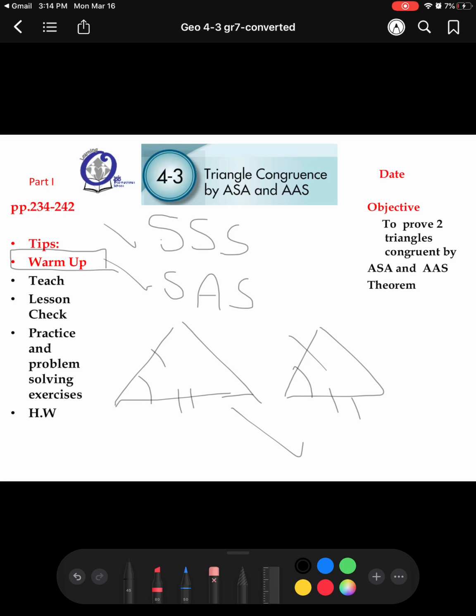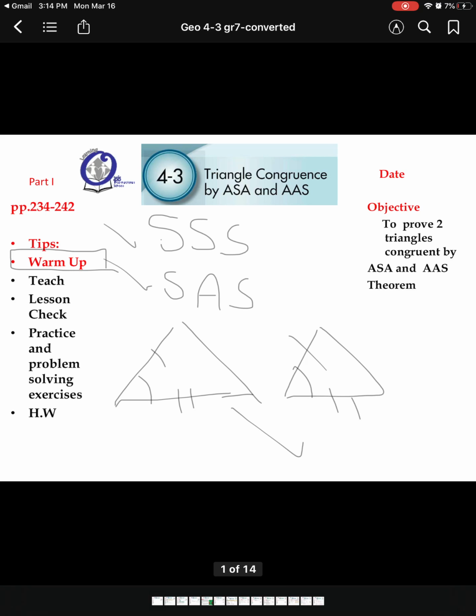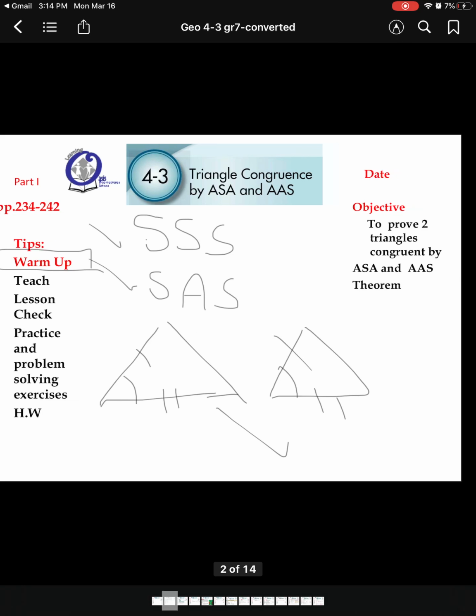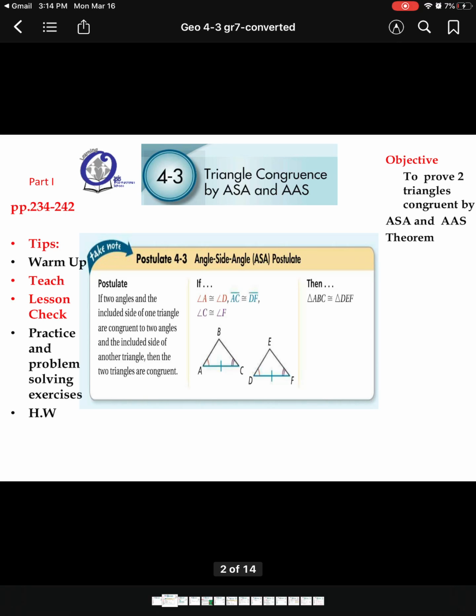It's angle, side, angle, and the side in the middle means the side is included between the angles, okay? And AAS is angle, angle, and the side is beside any of the two angles. By finishing those four postulates, you will be able to prove the congruence in any triangular pairs.